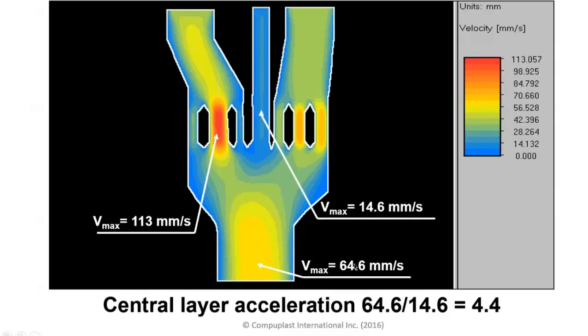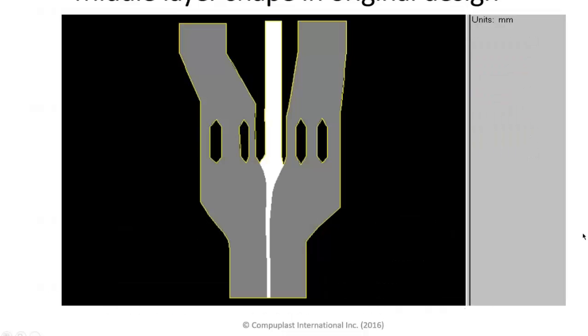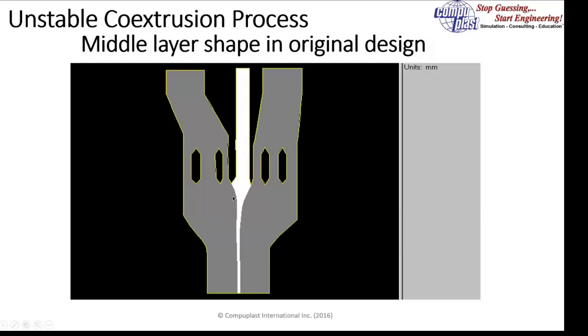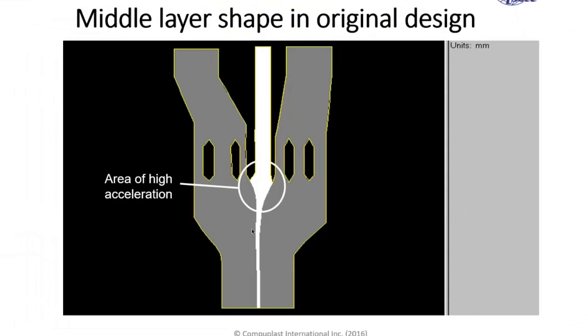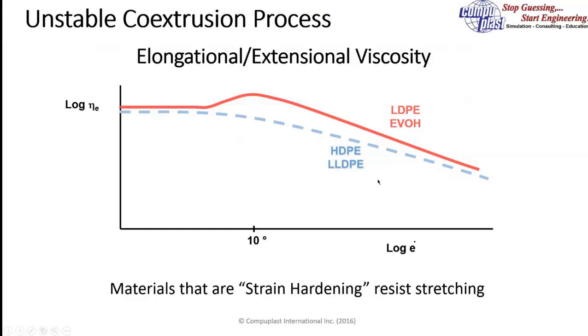die. This can be seen a little bit better if we just look at the volume or space that middle layer occupies. You can see that in this area we have a high amount of acceleration or stretching of the material. Now this is fine if the material accepts this stretching, but if we look at the rheology, and in particular here we're showing the elongation or extensional viscosity, the middle polymer was what we call a strain hardening material, which becomes more viscous the faster you pull it.